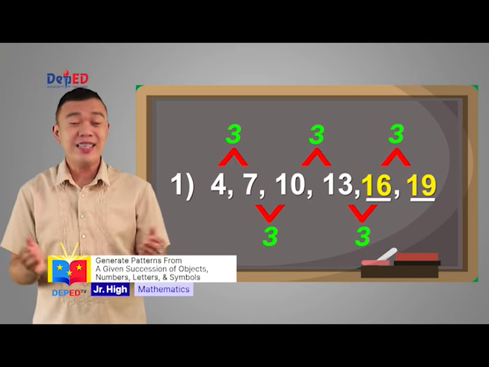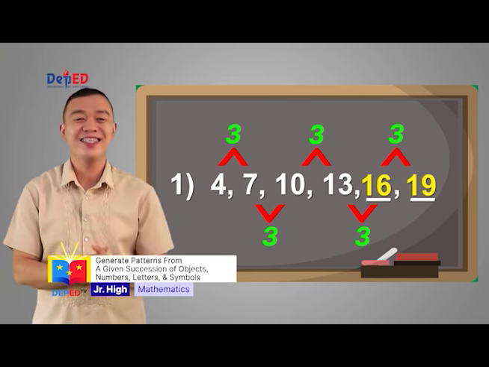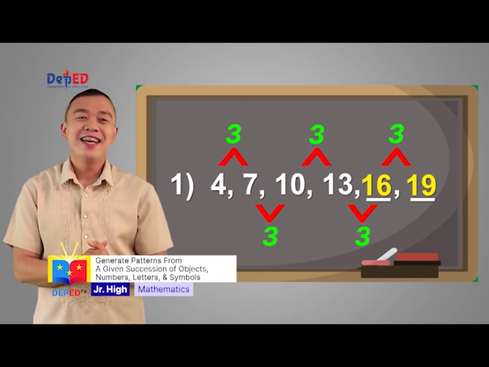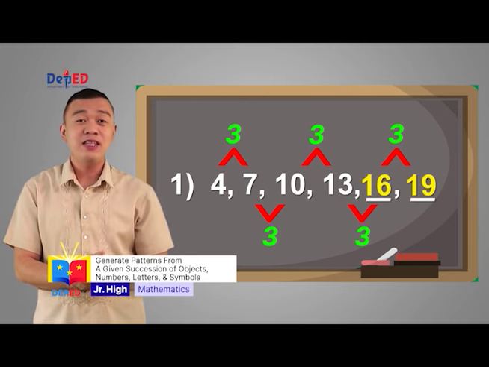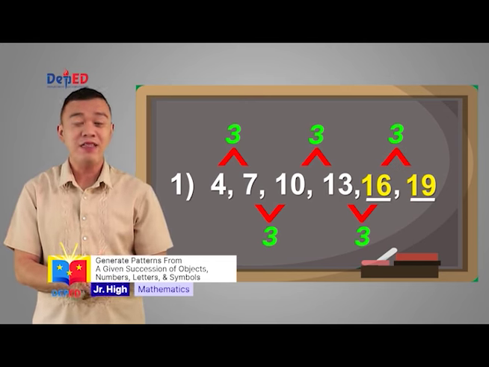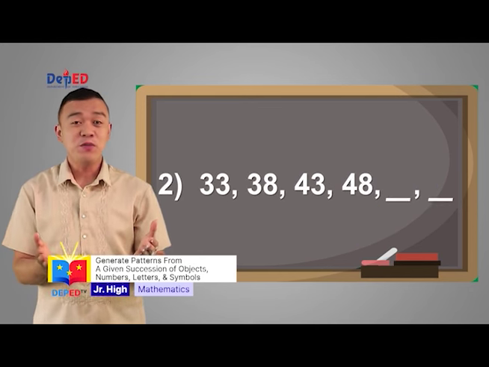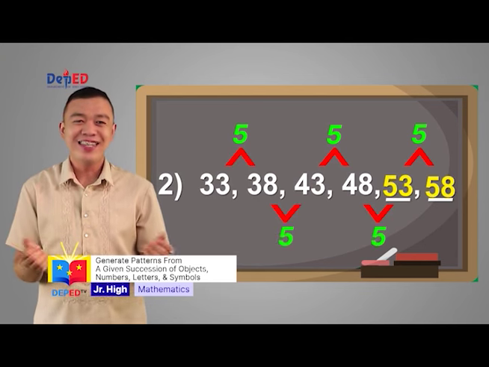If you get 16 and 19 in item 1, then you are correct. How did you get those terms? Notice that a constant number 3 is added to the preceding term to get the next term. In item 2, the two terms are 53 and 58. How?